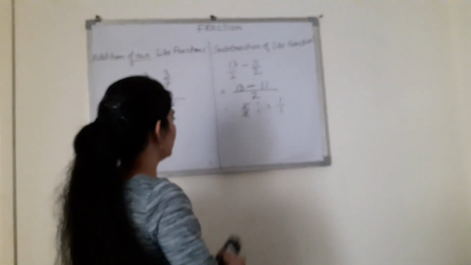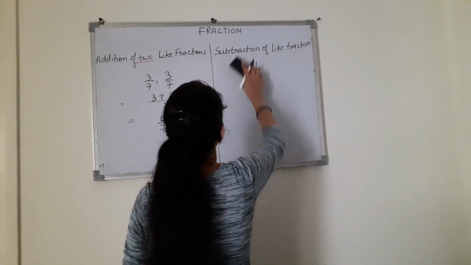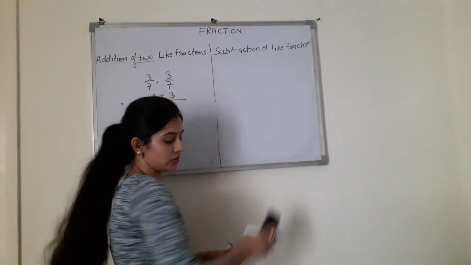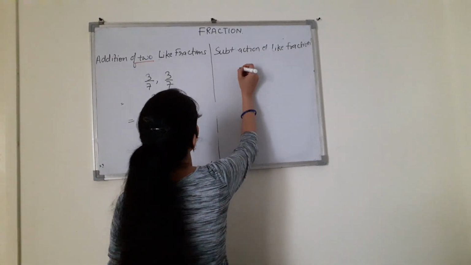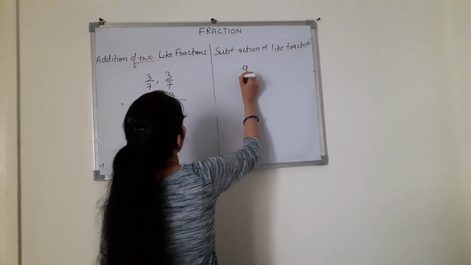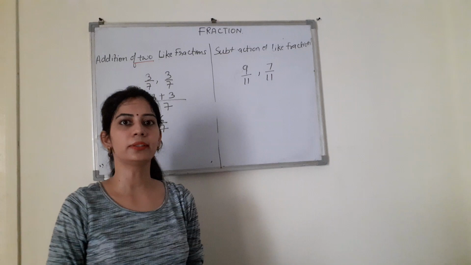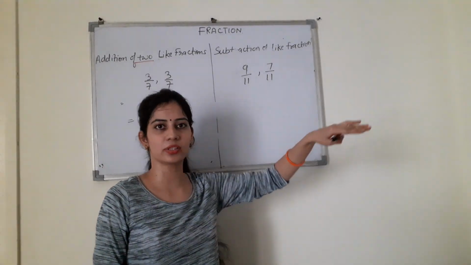Right? Now let us take one more example of subtraction of like fractions. So it can be 9 by 11 and 7 by 11. Right? These are like fractions again.